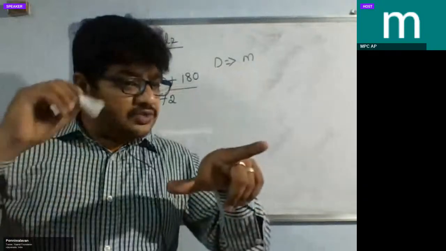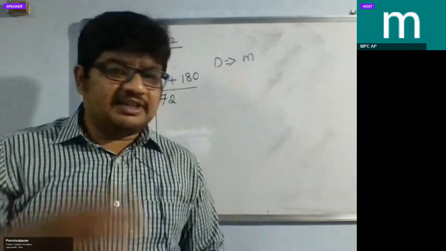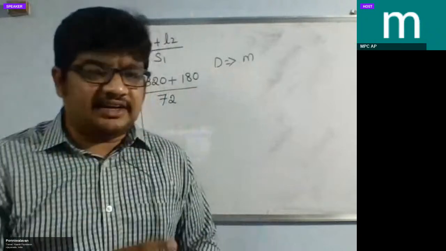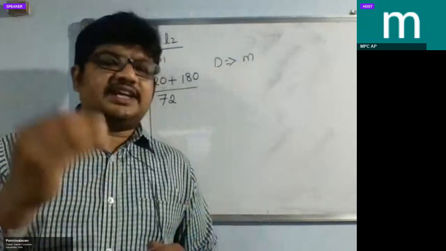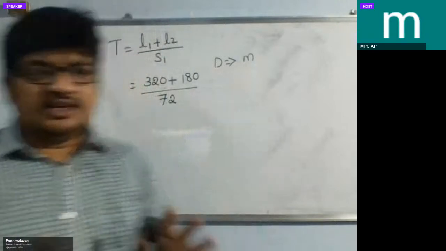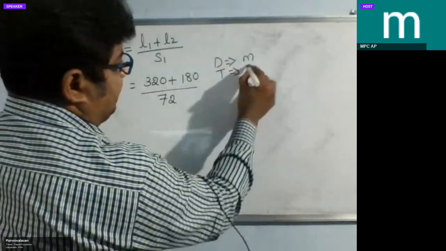To cross one platform, it won't take 4 hours or 5 hours. Within 10 to 15 seconds, it will cross. So the time is going to be in seconds.